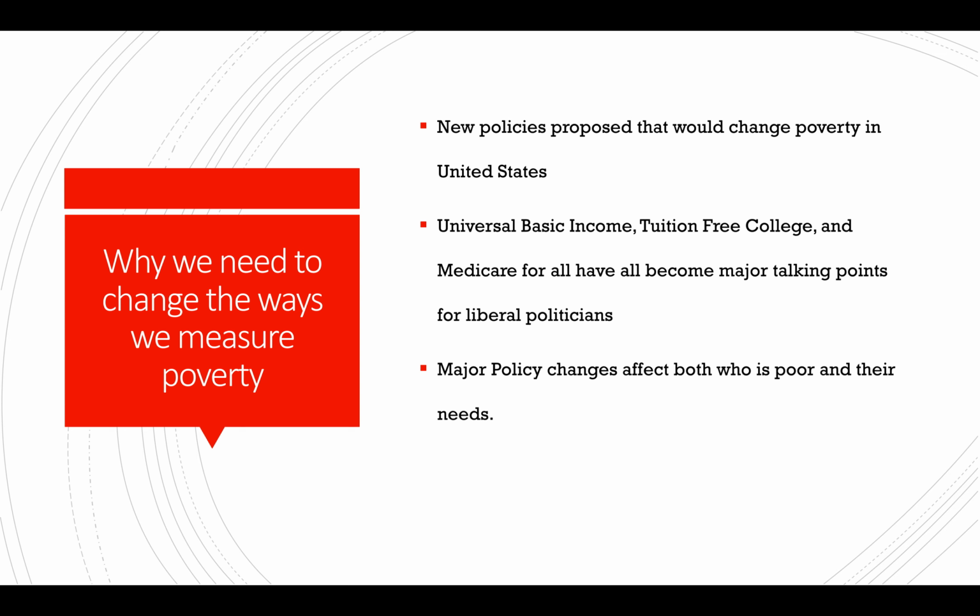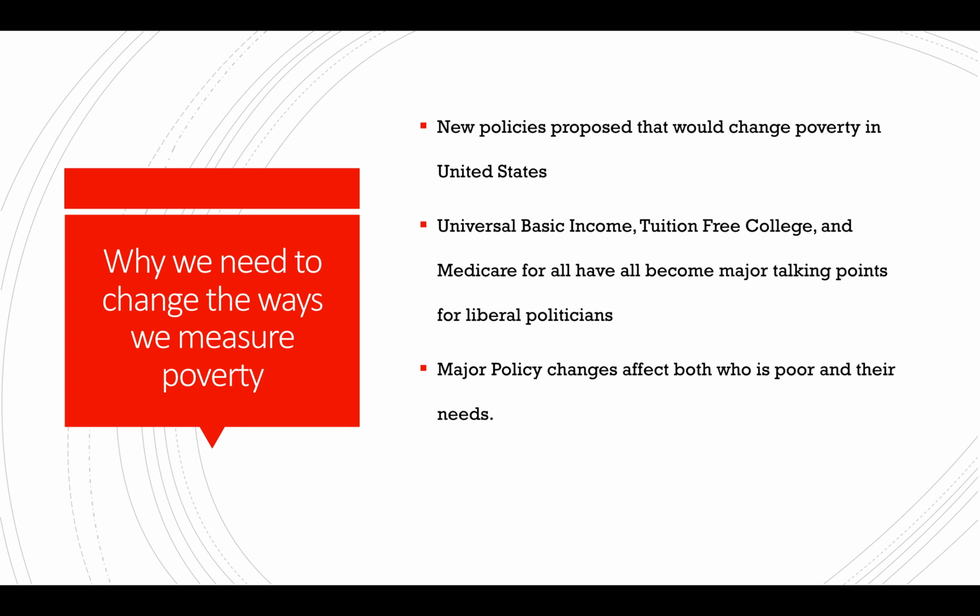The way that our country views and aids the poor may change in the coming years. Since the 1990s, we've already seen a significant rise of in-kind benefits, and candidates for this coming presidential election are proposing policy changes that could result in universal basic income, which would entail $1,000 monthly payments for every American, Medicare for all, and free college education for those who can't afford it.